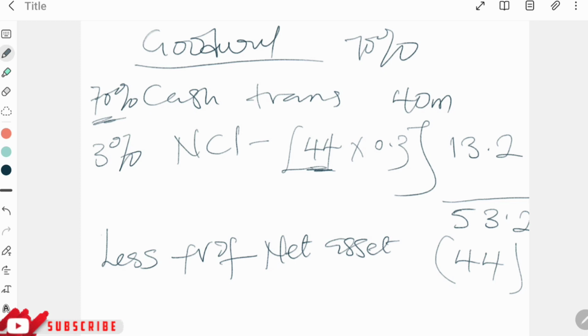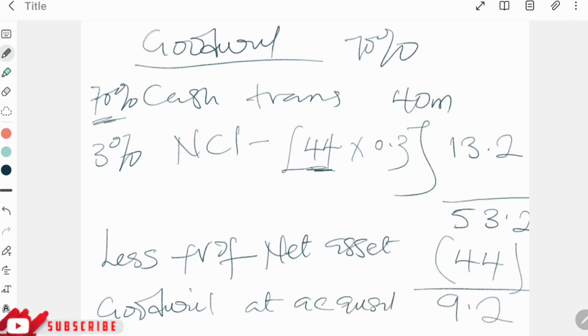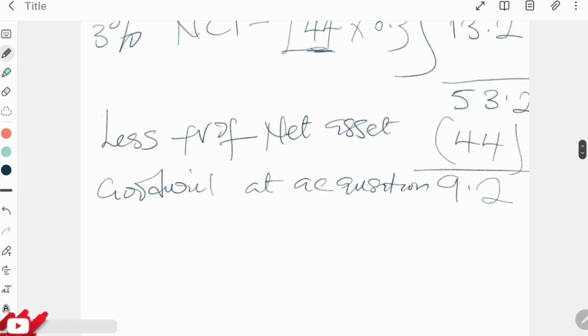When you deduct that, what do you have as goodwill? You have 9.2 as goodwill at acquisition. Remember that this is at the beginning of the acquisition. This is the initial recognition of goodwill at acquisition. So at the reporting date, say 12 months after we've acquired this company, you always have to check for impairment.